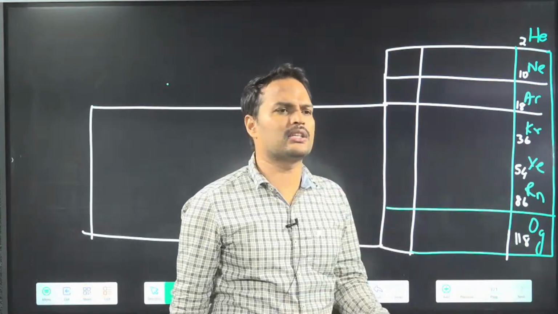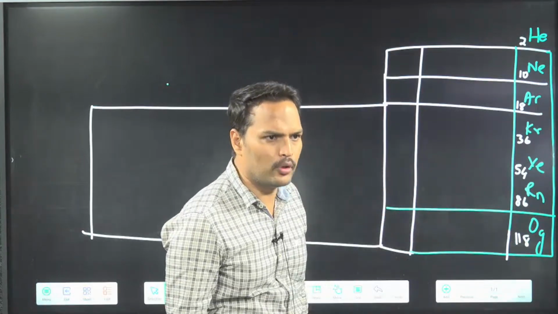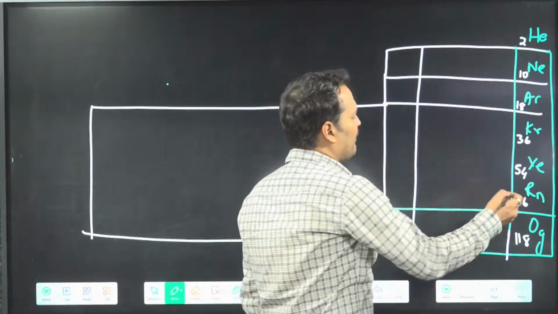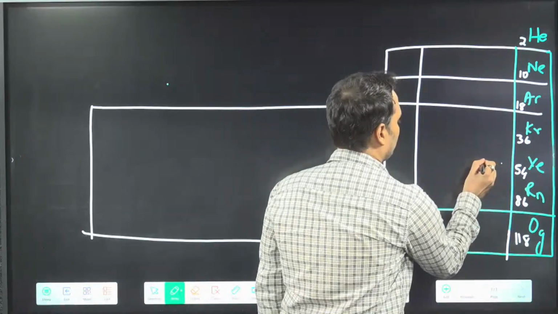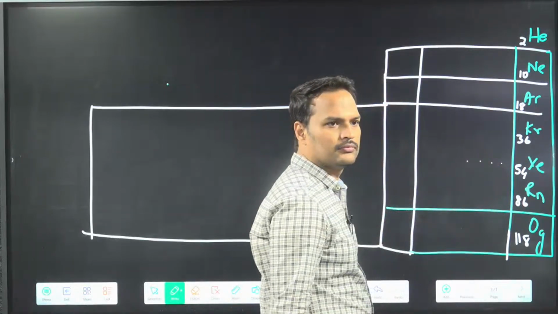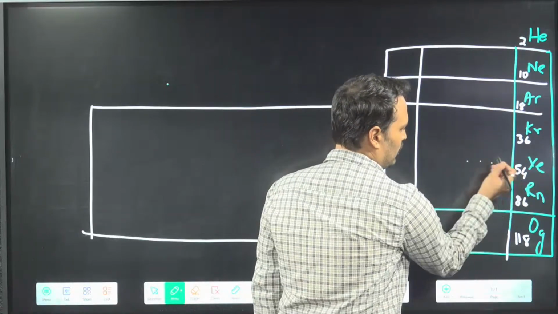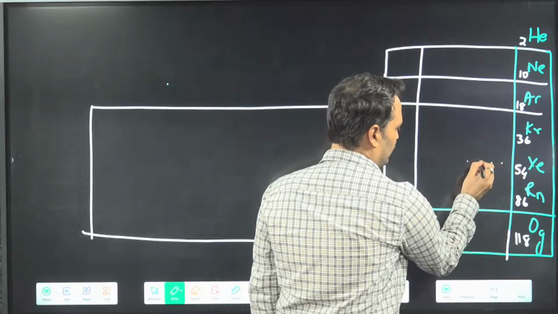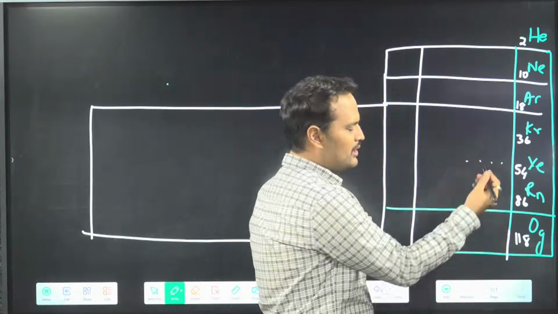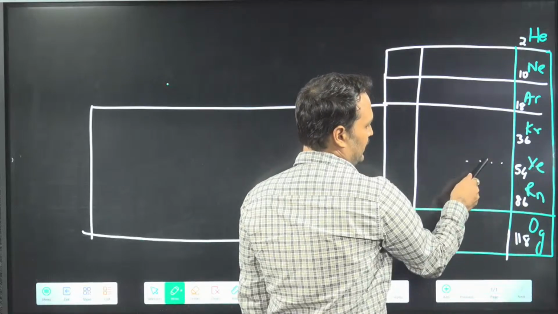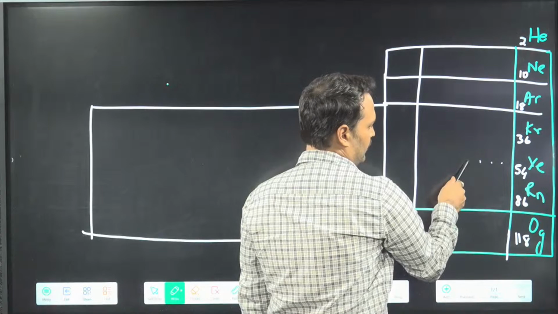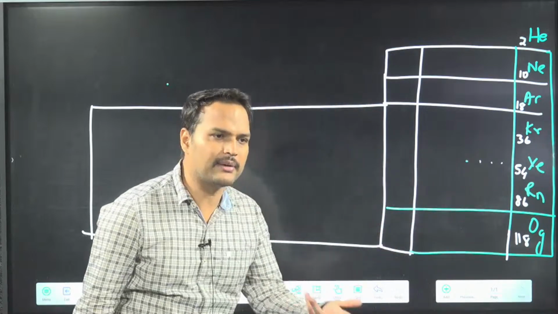Suppose they ask you 50. Everyone knows 54. So you can count 53, 52, 51, 50. Got the point? 54, 53, 52, 51, 50. Now just count back. This was the 18th group, so this is 17, 16, 15, 14. Like this I am saying.